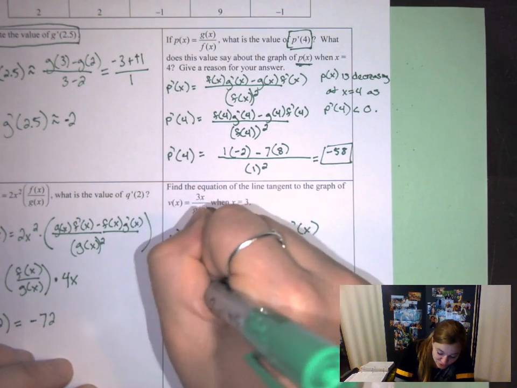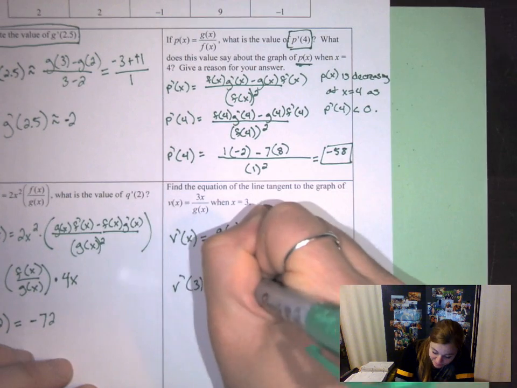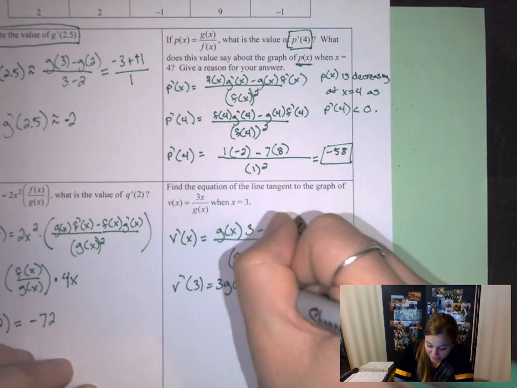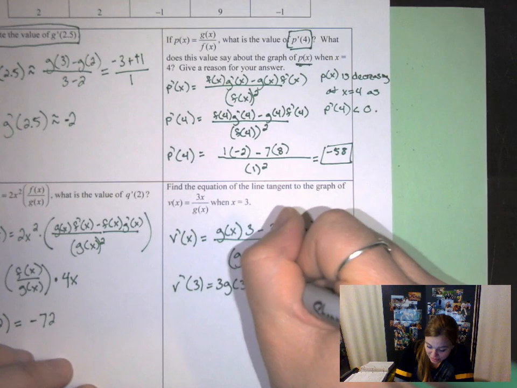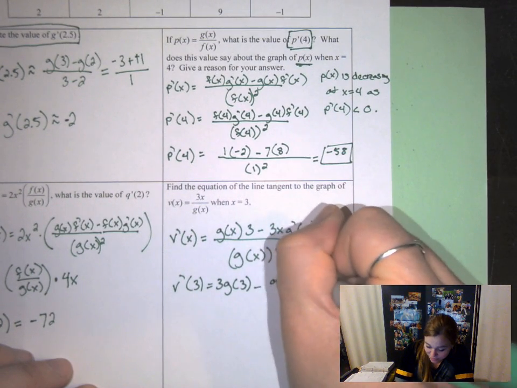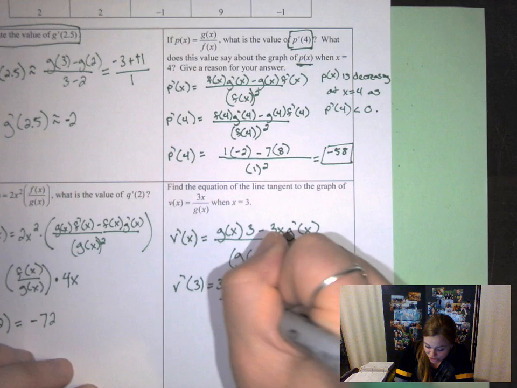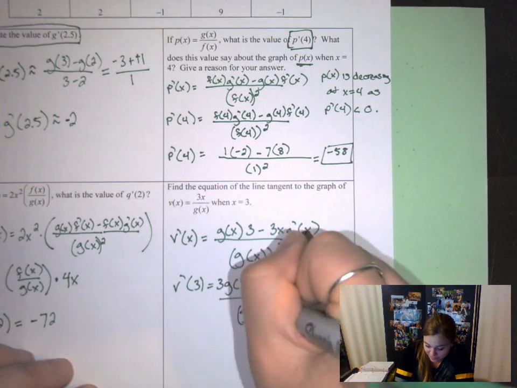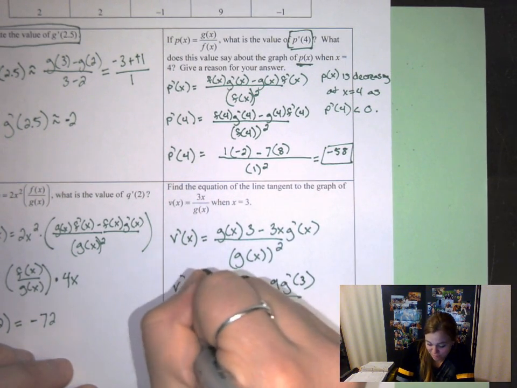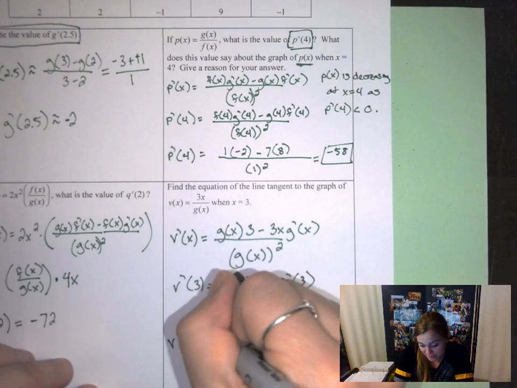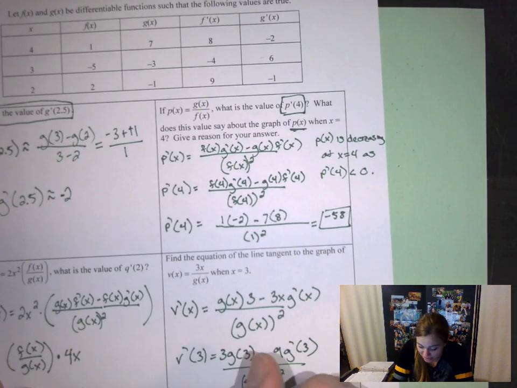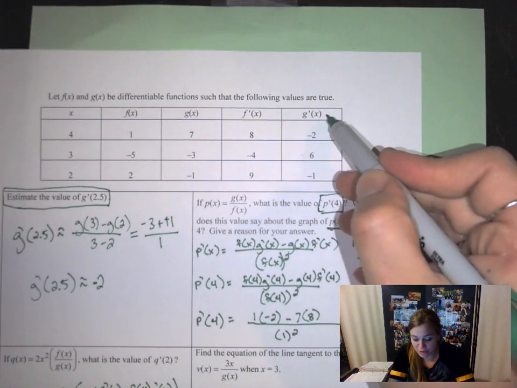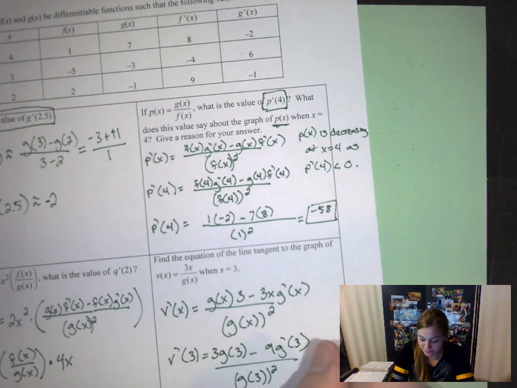B prime of 3 will be g of 3 times 3, so I'll just put that in front, minus 3 times 3 is 9, g prime of 3, over g of 3 squared. Going up to my table, g of 3 is negative 3, minus 9 times g prime of 3, which in my table is 6.